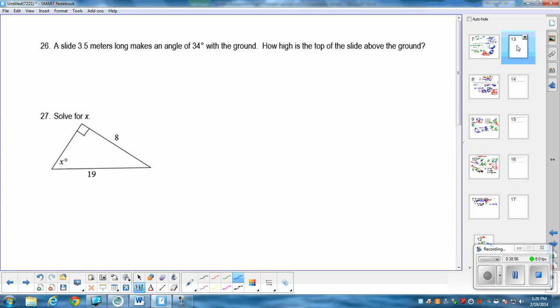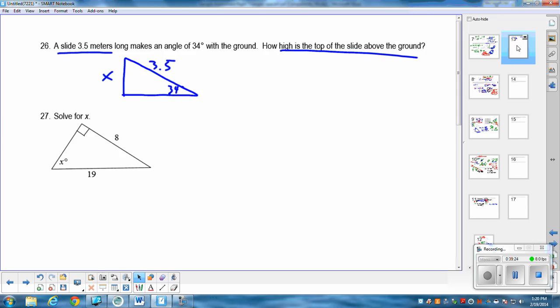So we have a slide making an angle with the ground. The angle is 34 degrees. It says the slide itself is 3.5 meters rather than the length on the ground, and we want to know how high the top of the slide is above the ground, which means that's going to be our x.